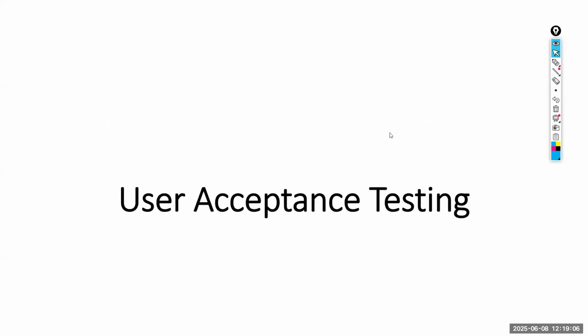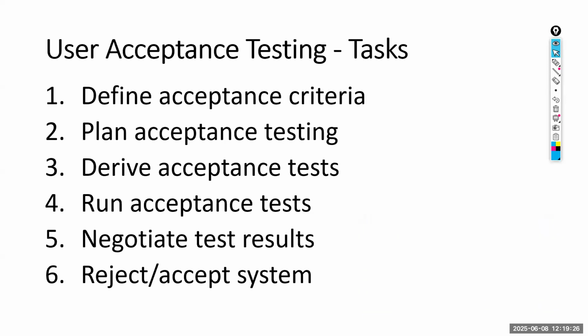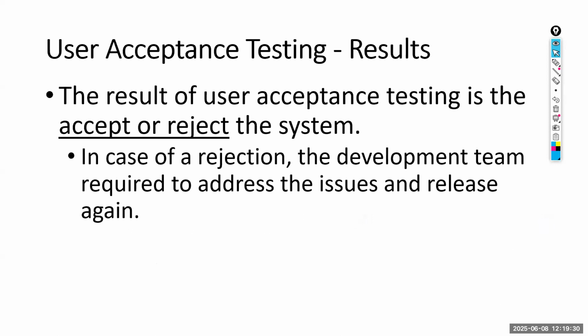Finally, the user acceptance testing, which is done by end users with the help of QA engineers, and they will either accept the product or reject the release. So if it is rejected with some reasons, we need to fix those issues because release is rejected by the end users. Okay, so those are pretty much black box testing.